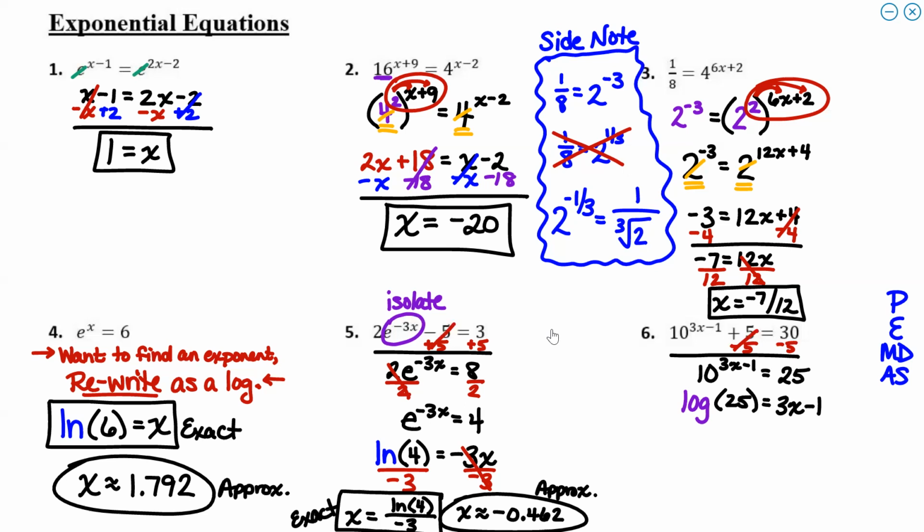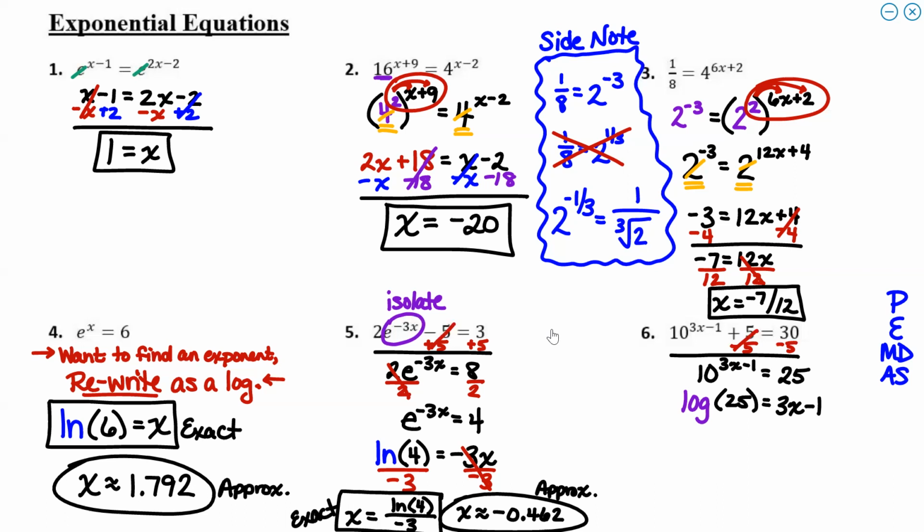So how do I approach this problem? What do I want to find? I'm looking for an exponent, right? So what do I do if I'm looking for an exponent? Rewrite it as a log. What would the base of my log be? 4.